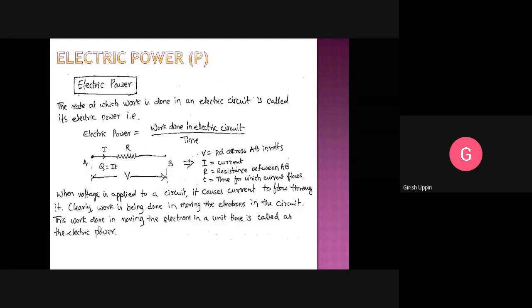Next, we understood what is current, what is potential, and what is Ohm's law. Now we will understand electric power.